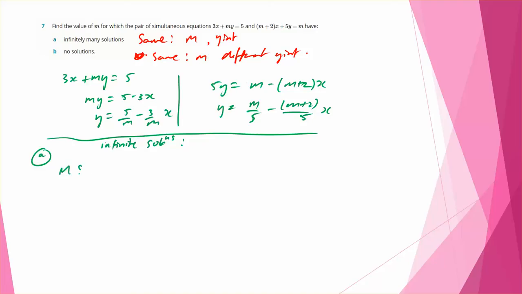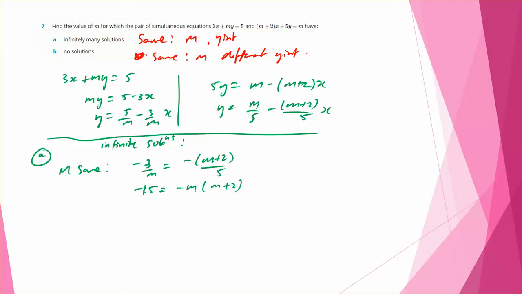So the same m means that I want -3 on m to be equal to -(m plus 2) over 5. Now let's cross multiply, so we get -15 equals -m(m plus 2).